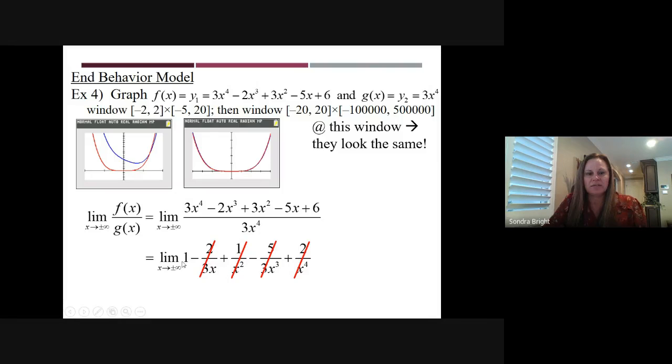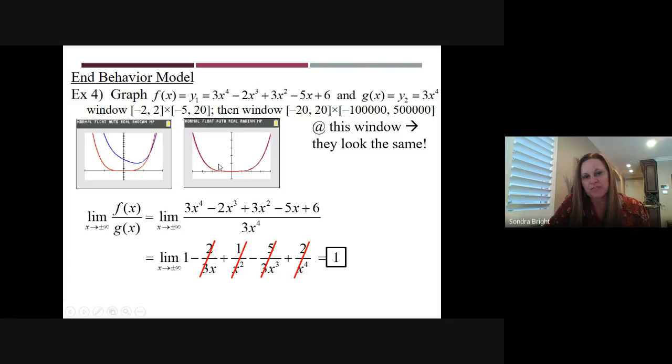All right, so taking the limit as x goes to plus or minus infinity of 1 minus 0, 0, 0, 0, it's just 1. Well, isn't that nice? This is going to come in handy, because what that tells us is that 3x to the fourth, which was down in the denominator, is going to be our end behavior model.